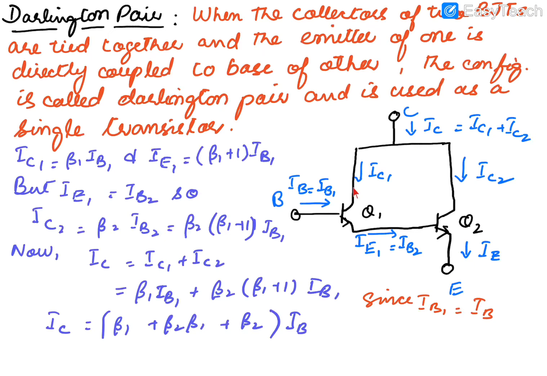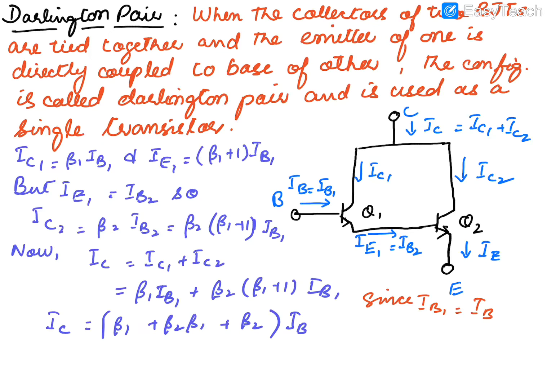One is the collector terminal, which is obtained after connecting the two collector terminals of the two transistors. The base terminal is the base of the first transistor Q1, and the emitter terminal is the emitter of the second transistor. So this is used as a single transistor in chips and in different configurations, where a high value of beta is required.